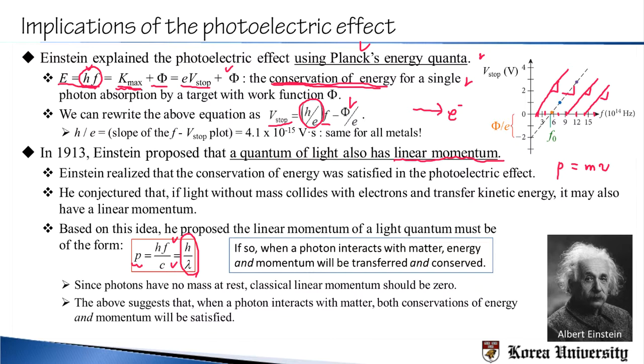Which means that when photons interact with matter, like electrons or anything else, the conservation of both energy and linear momentum will have to be satisfied. Of course, this was a very surprising suggestion when Einstein first proposed it. So therefore we need experimental evidence, right?